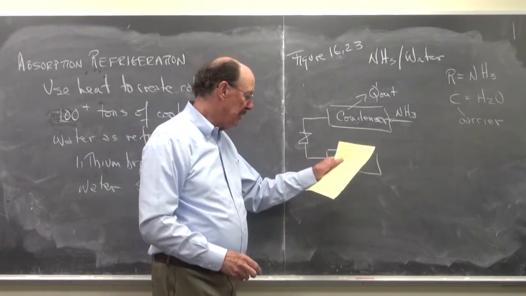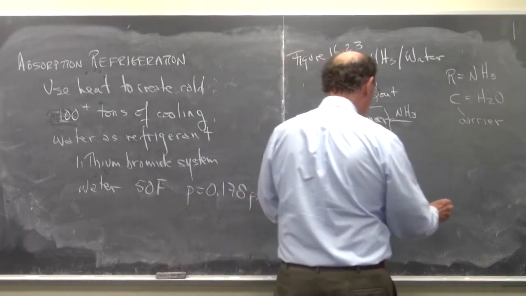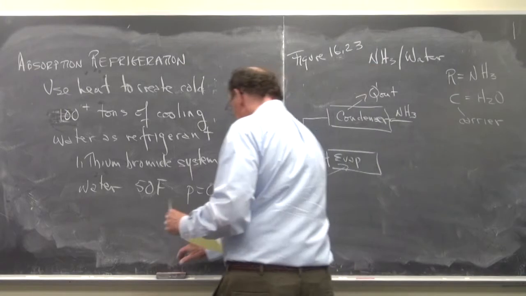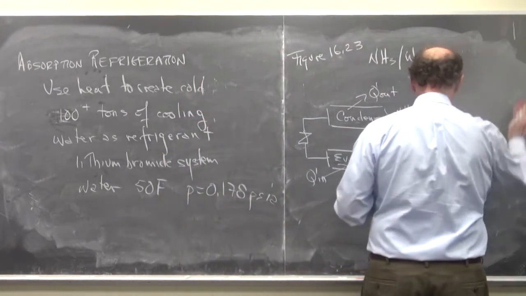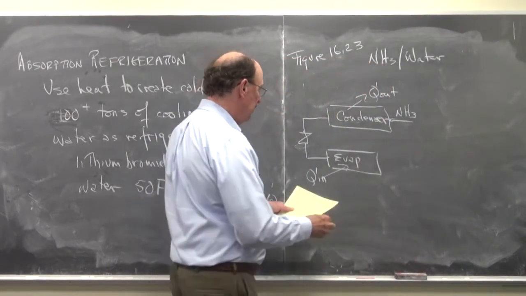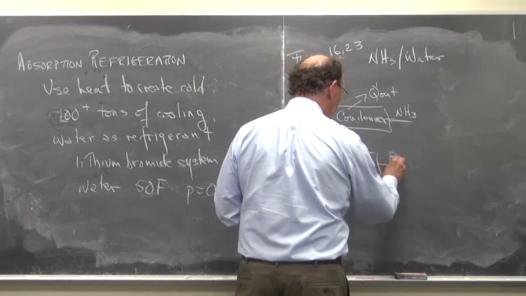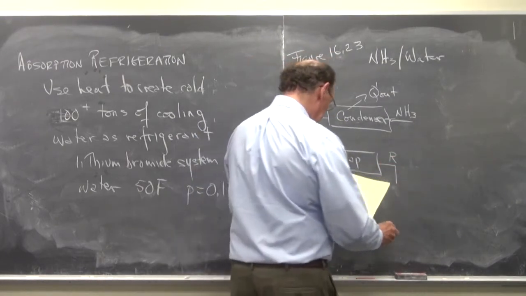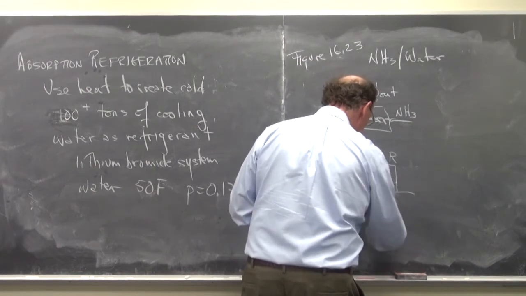But now we're going to do something that's different, which makes this different. So now I need to draw a couple more items. One is a generator, and the other is an absorber. So the ammonia comes out of here, I have the ammonia, so I have R. The ammonia comes out, and it's going to go into something that we call an absorber.